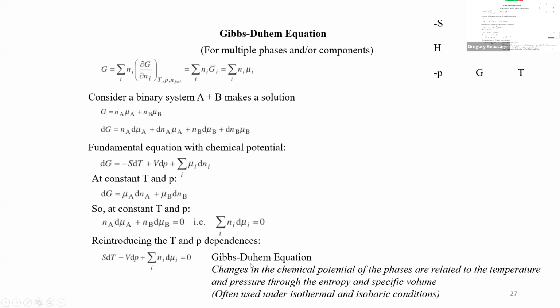If you sum up all the phases in a system, the number of atoms in that phase times the change in the chemical potential has to equal 0 for the system. In other words, component A, component B, the number of moles of those times their chemical potential has to sum to 0. Right. So anyway, this is used in a paper.